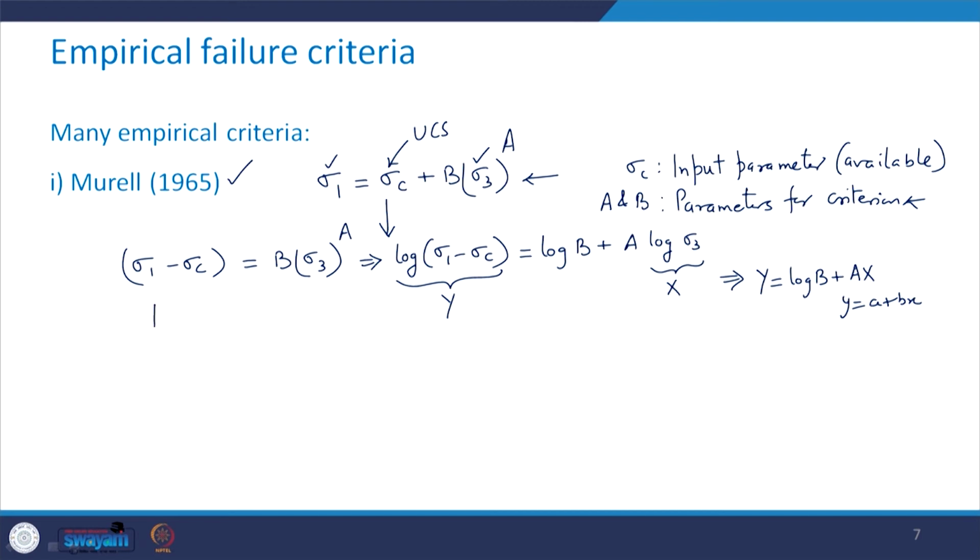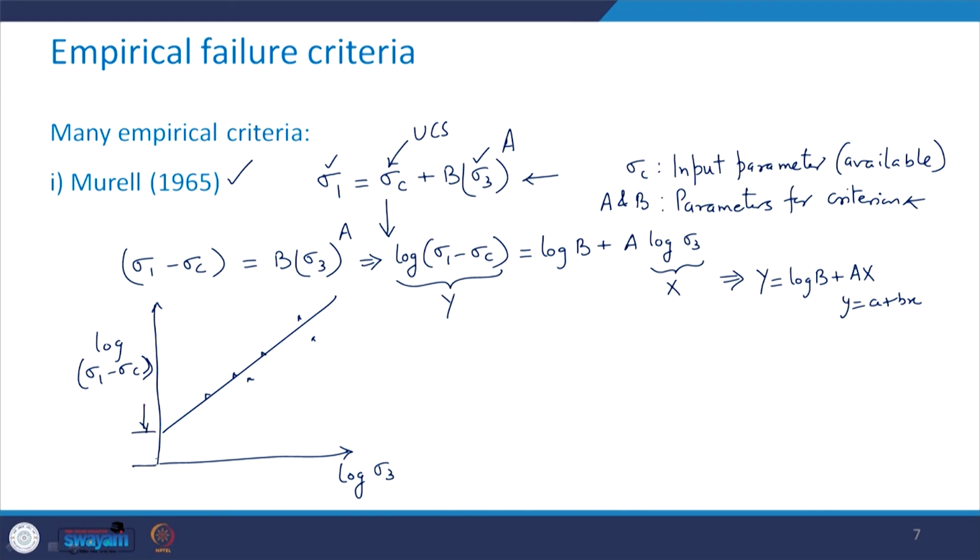If we plot the experimental data in this space, that is, on the x axis I plot log of sigma 3 and on the y axis I plot log of (sigma 1 minus sigma c), and I fit a straight line to these points, the intercept is going to give me log of b and the slope will give me the parameter a.